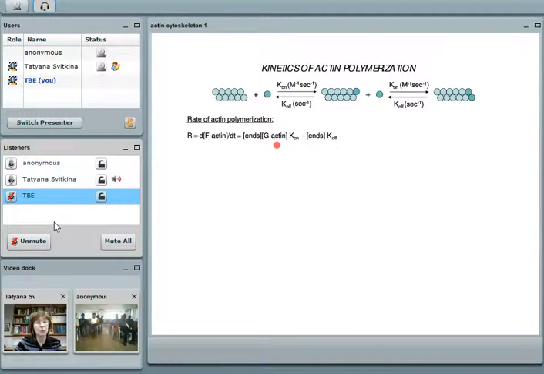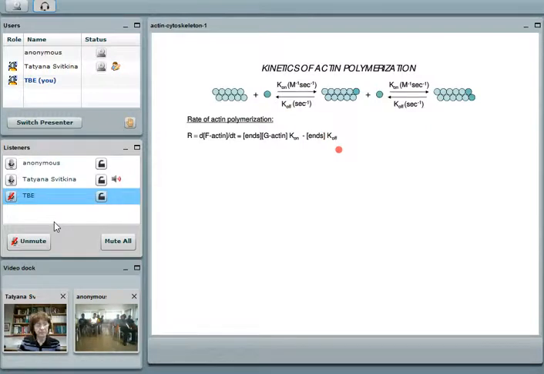The more monomers we add, with higher probability they will bind the existing end. So this term is the term for elongation. And this term is for dissociation, which doesn't depend on monomer concentration, just on the concentration of ends. The more ends we have, the more subunits will dissociate, and it will again be controlled by the dissociation constant K-off.